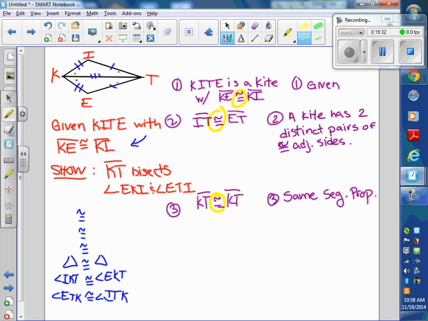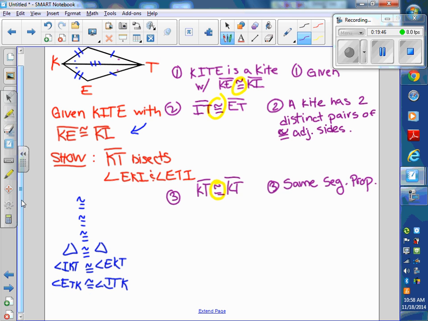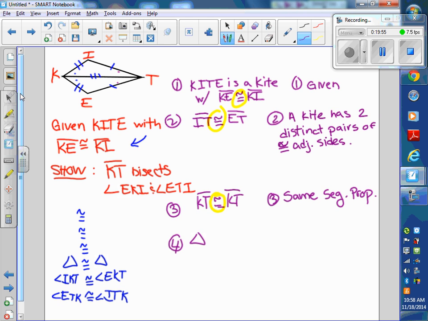Then, so there's my third part. What are the angles that are formed by 2 intersecting lines and collinear? Linear pair. So you probably won't be using that this week, just to alleviate some things that you have to review. 4, now I have triangle KIT congruent to triangle KET by side, side, side.